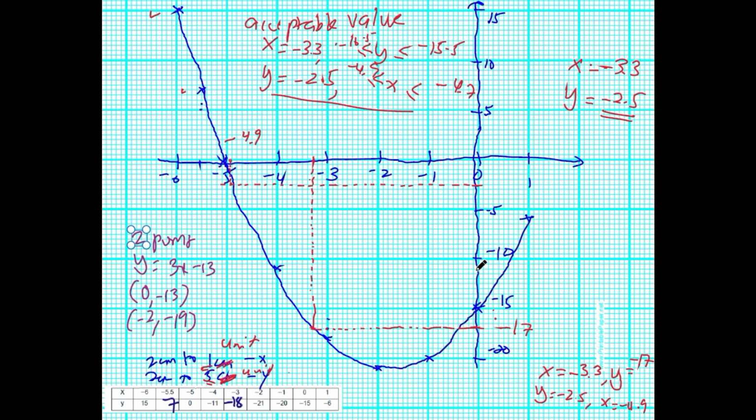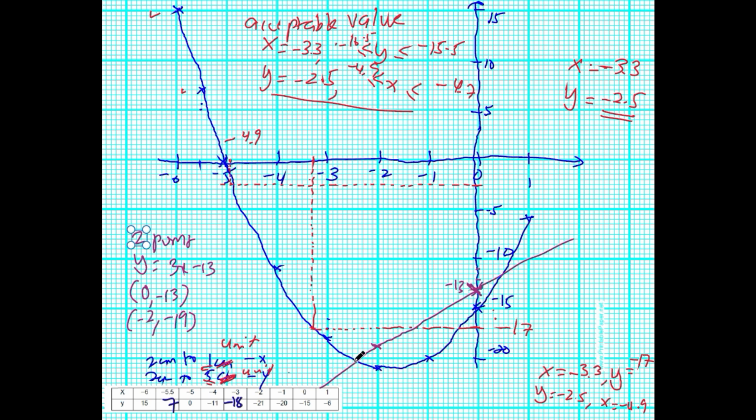So negative 11, negative 12, negative 13. This one is 0, negative 13. And then you have negative 2 and negative 19. Negative 19 is 2 above negative 20. So this is the line. You can make a straight line from here, connecting these 2 points.